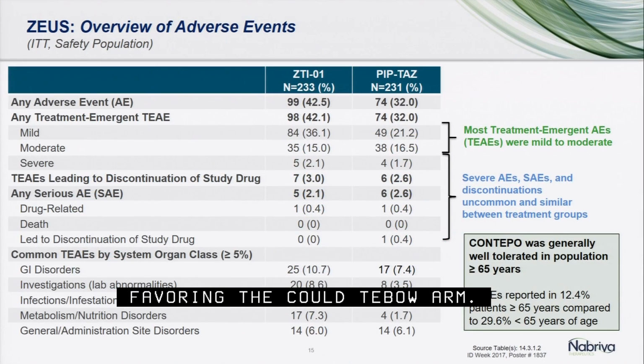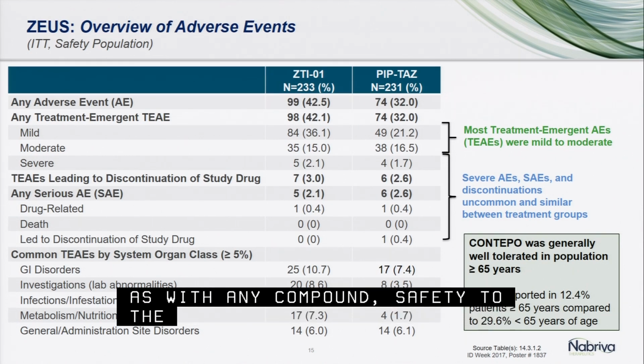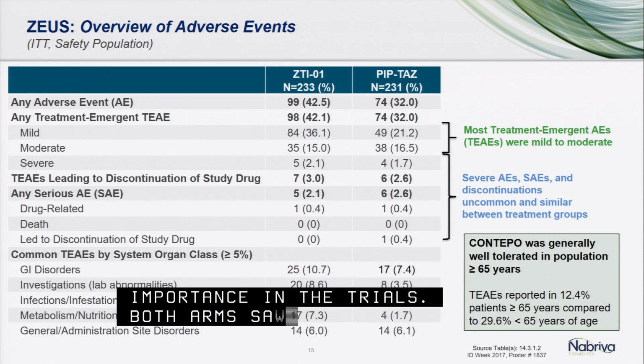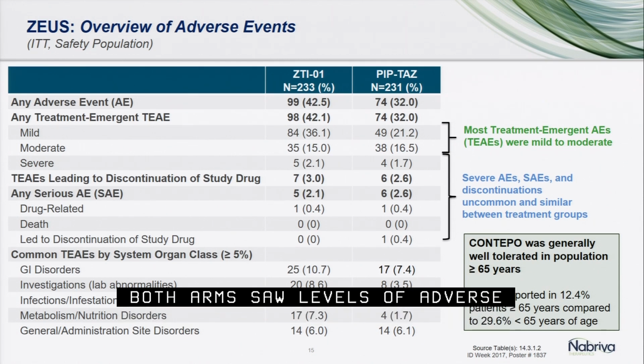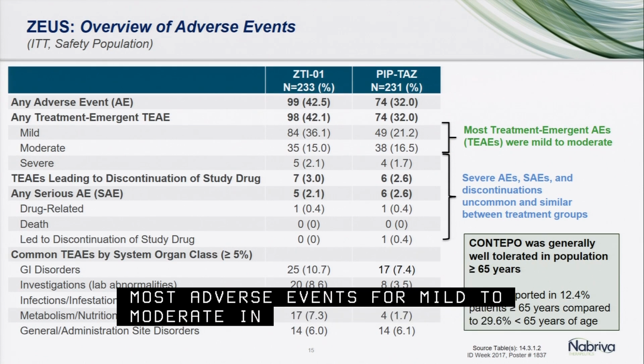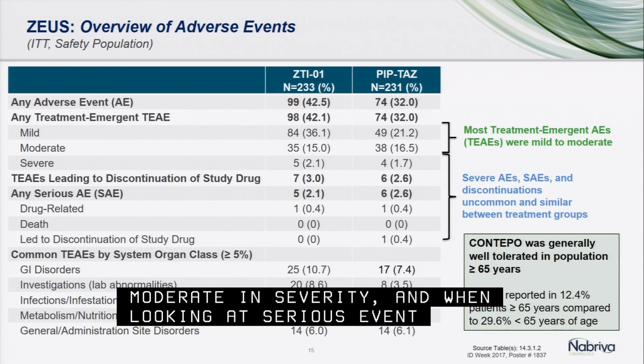As with any compound, the safety of patients is of utmost importance, especially in these registrational trials. Both arms saw levels of adverse events that are very typical in registrational trials. Most adverse events were mild to moderate in severity. And when looking specifically at serious events or serious events that caused discontinuation of study drug, there were very few and similar between both arms.